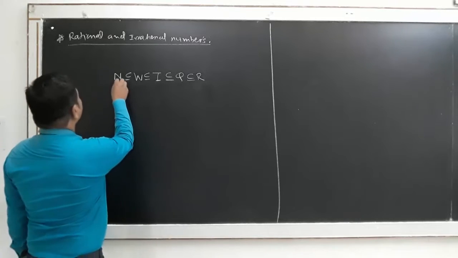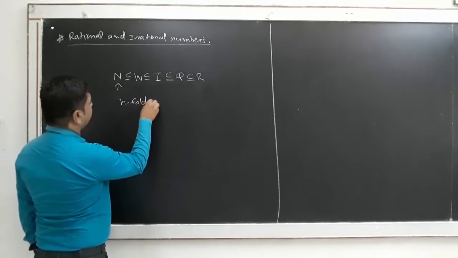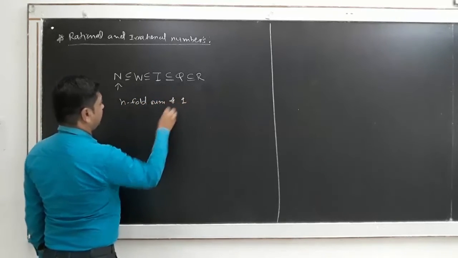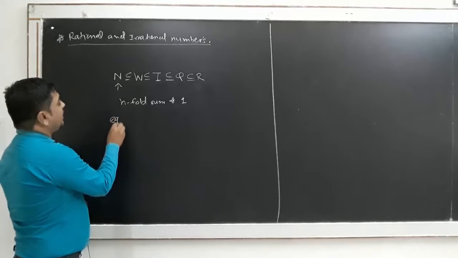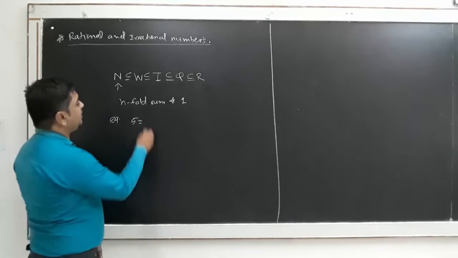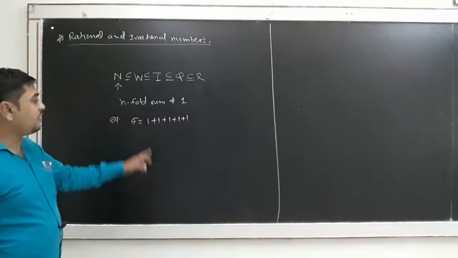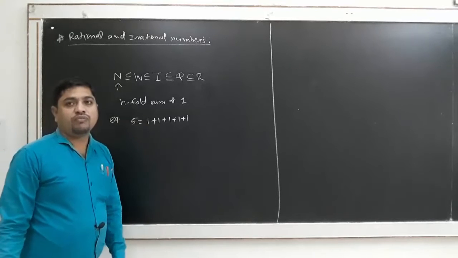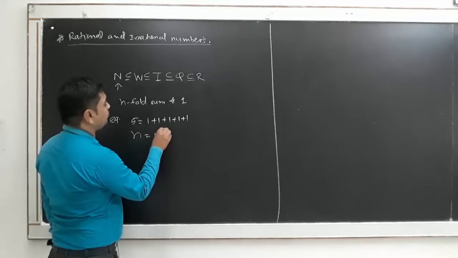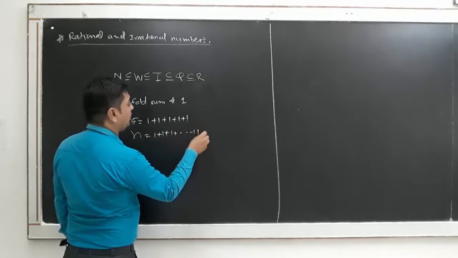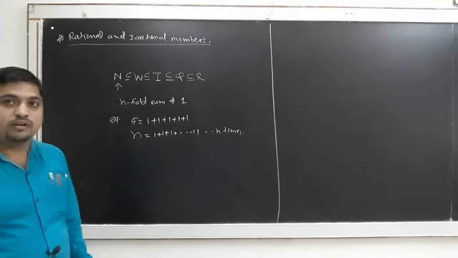So every natural number can be written as an n-fold sum of 1. For example, if you take the natural number 5, it can be written as 1 plus 1 plus 1 plus 1 plus 1. So it is a 5 times addition of 1. That means n can be written in the form of 1 plus 1 plus and so on up to 1, n times. We say it is an n-fold sum.